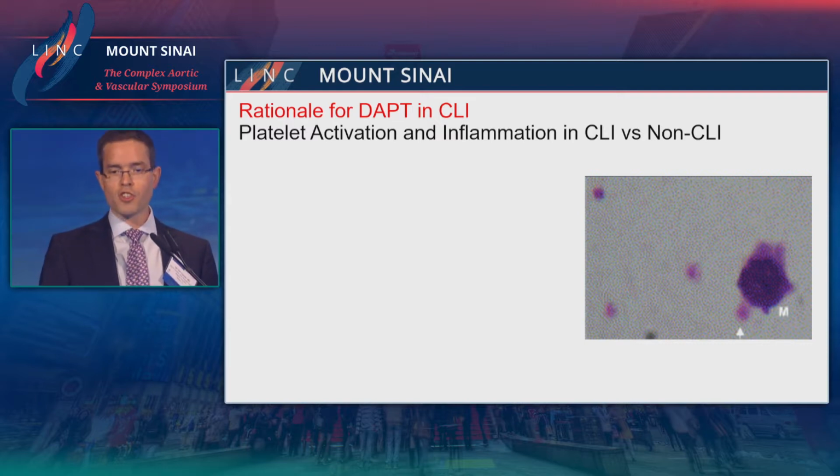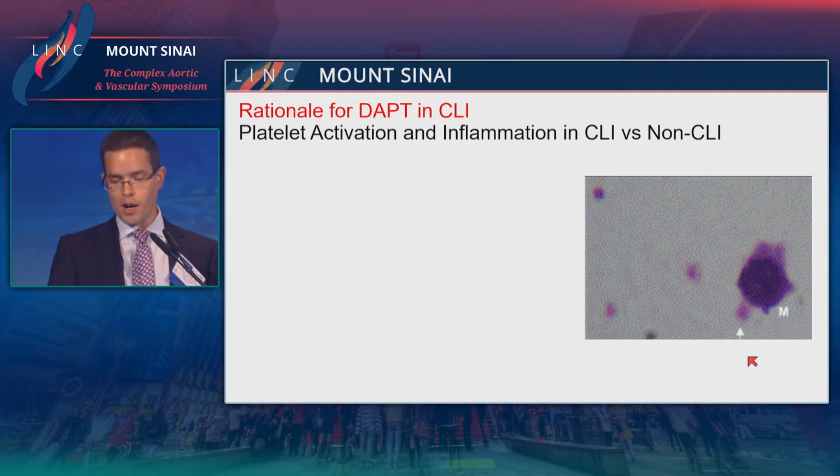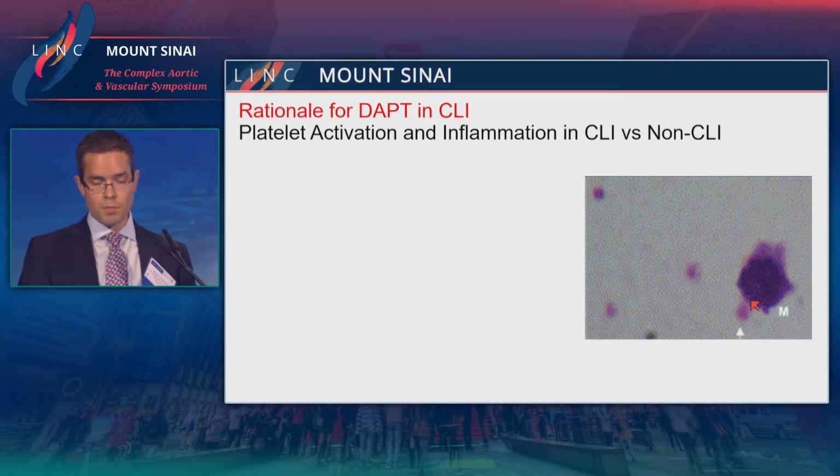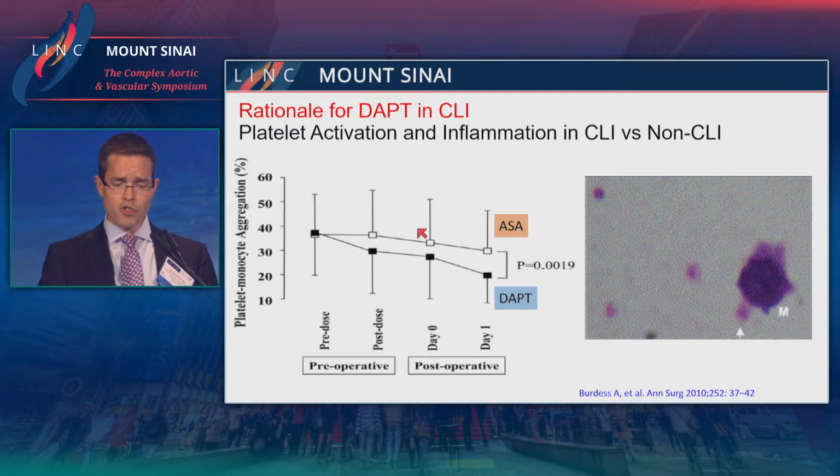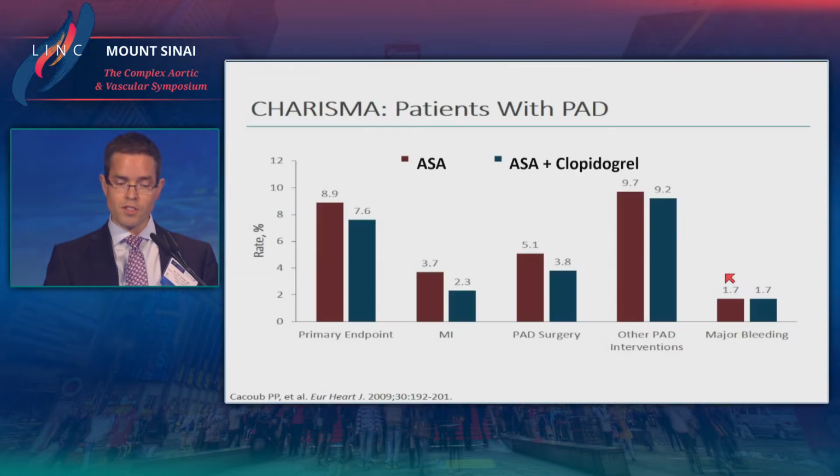This is an image showing a platelet monocyte complex. This is a monocyte. This is a platelet adhering to it via P-selectin PSGL1. This is a good marker, well established for thrombotic risk as well as inflammation. And it has been shown that using dual antiplatelet therapy decreases the number of platelet monocyte complexes that are detected in circulating blood.